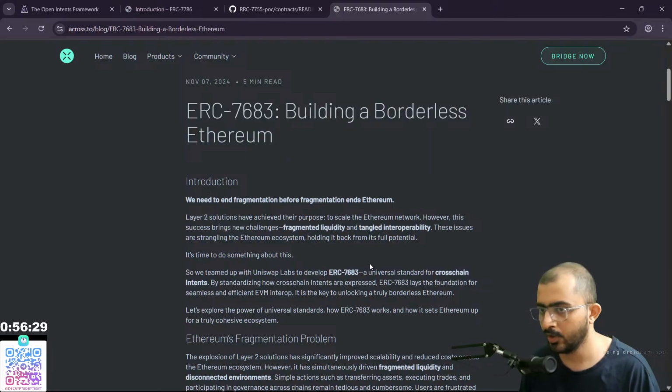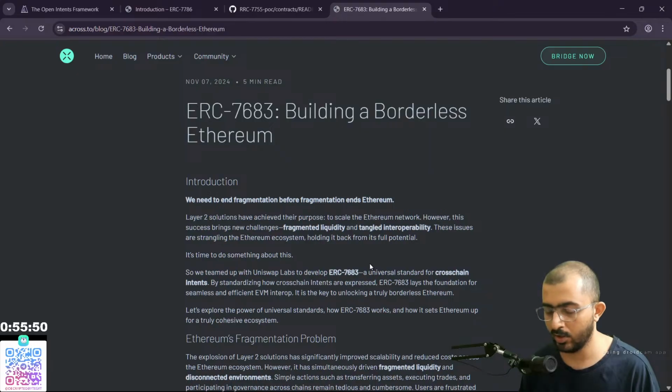When you think about bridges, what are the two issues that a bridge solves? For bridging tokens from one chain to another, you have two distinct tasks going on: we want to tell the destination chain that we are transferring assets from the source chain to the destination, and then we actually have to transfer the assets.